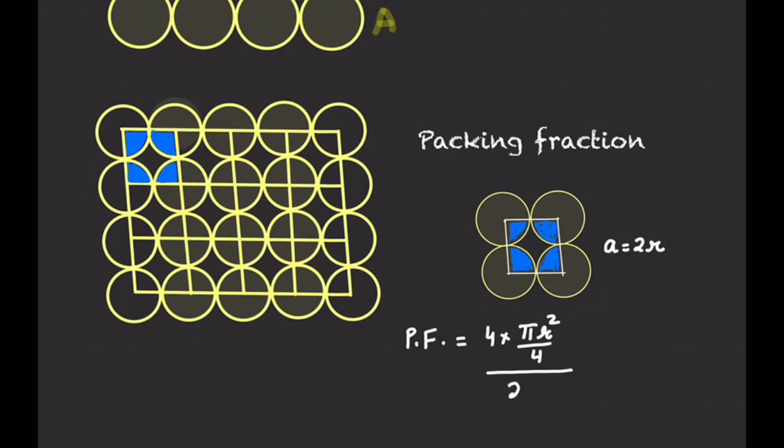So if we put here, we can write that area of square is equal to a², which is (2r)², and if we further simplify, we are getting π/4. So π is 3.14. If I use a calculator to calculate this value, 3.14 divided by 4, we are getting 0.785. So we can say that 78.5% of the area is occupied when we do square packing.